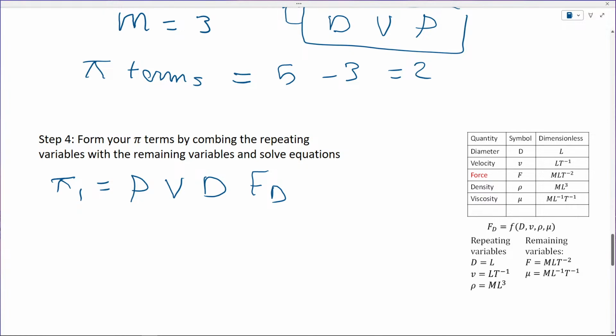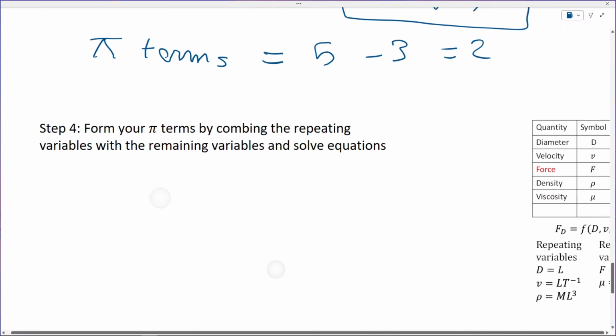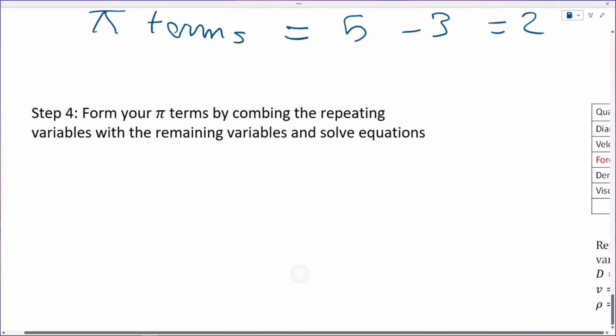Let me make this a little bit smaller so I can write them side by side, it might be easier.